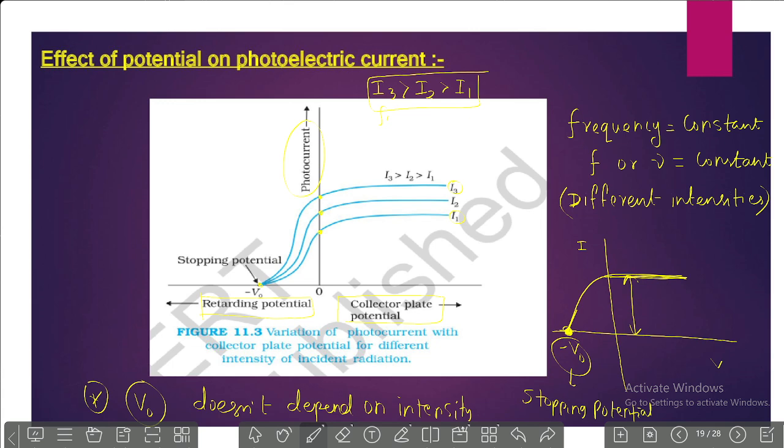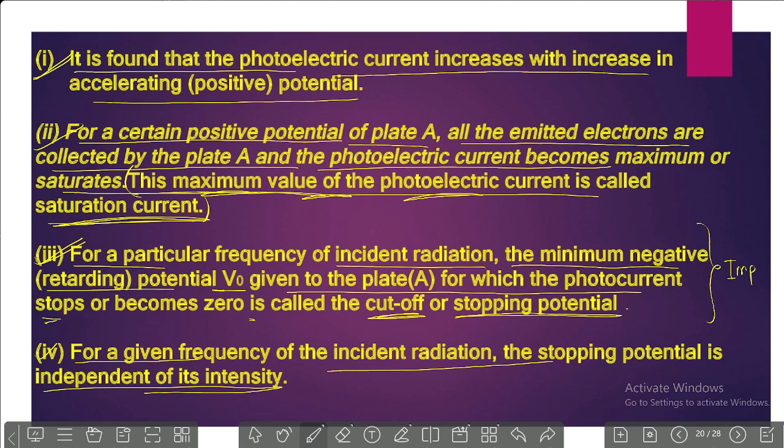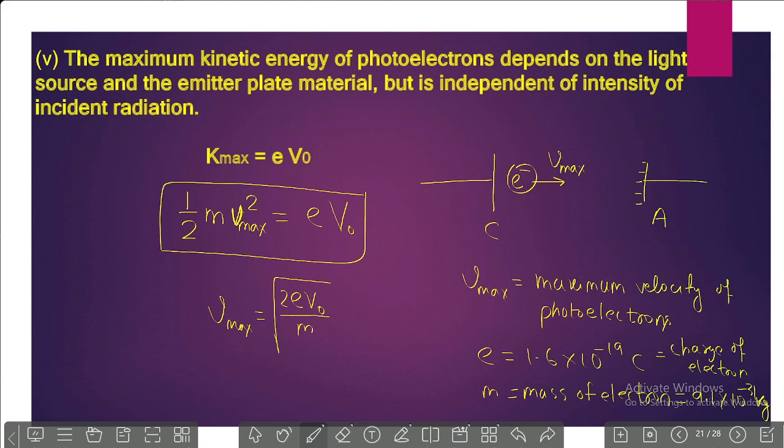Remember, the y axis is photocurrent, the x axis is collector plate potential. Clear? Okay. So note it down, all of you. Next, this one, note it down.